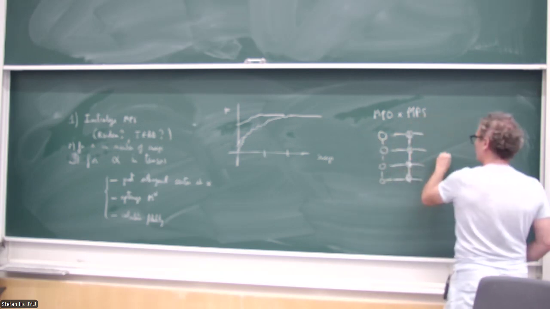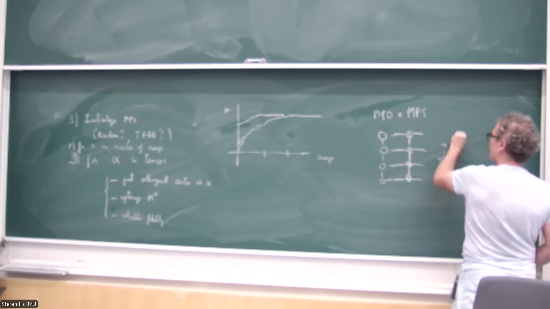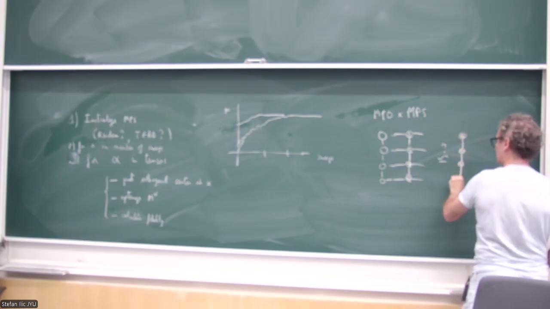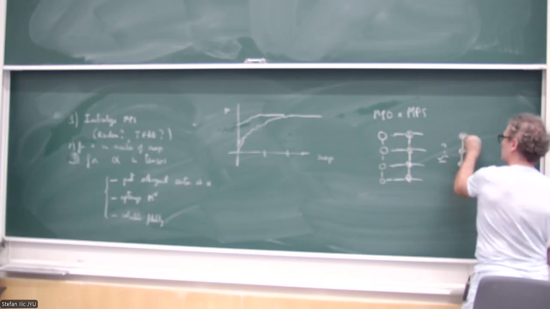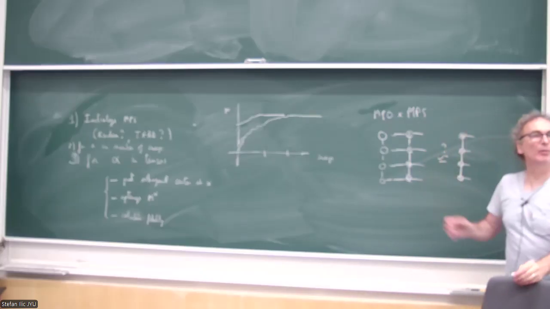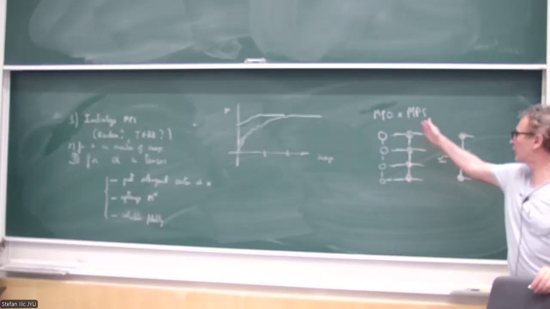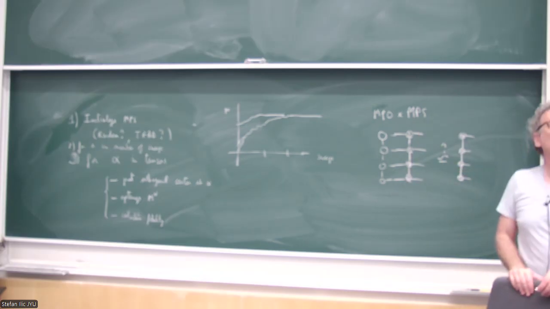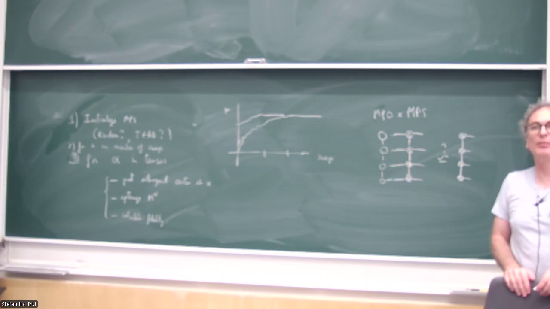What you want is to find the best approximation of that. It's exactly the same problem, except that instead of a quantum circuit here, now you have an MPO, but it doesn't matter what tensor network you have in the middle.